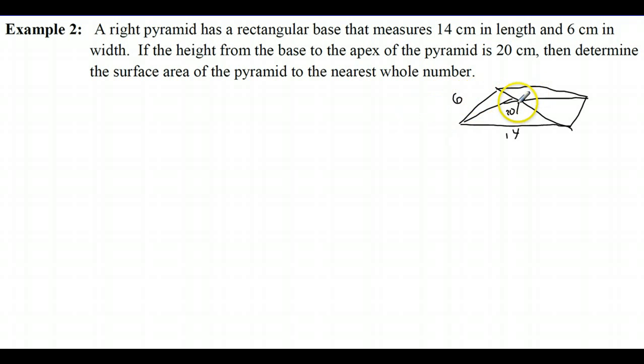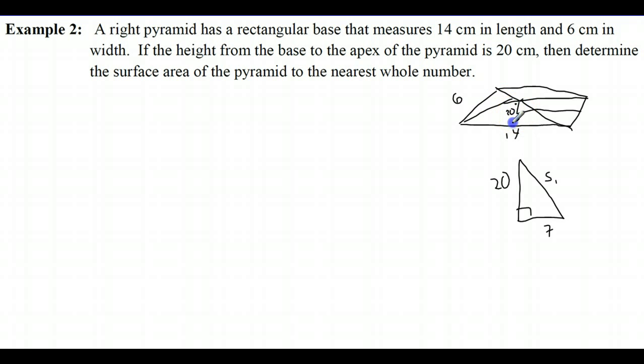All right, basically what we're going to have is 2 slant heights. Right? We're going to have a height of 20, a base here, which is half the 14, so base here, which is 7, and then a slant height of this face and that face. So we'll call that S1. We are also going to have the slant height of this face.